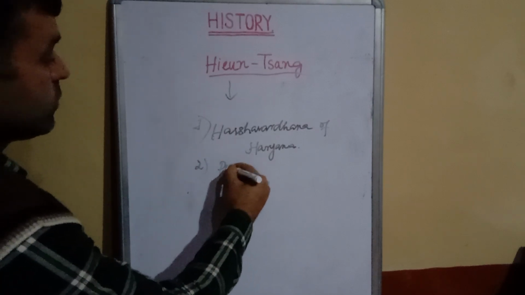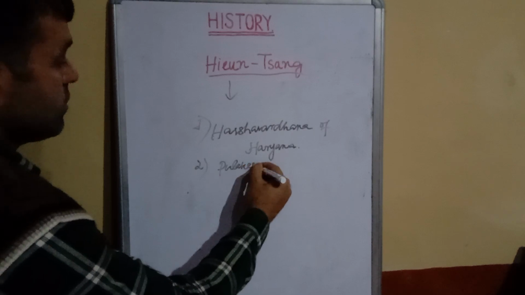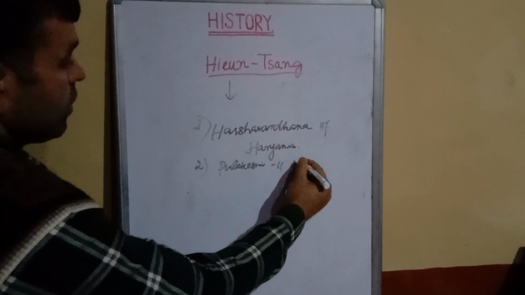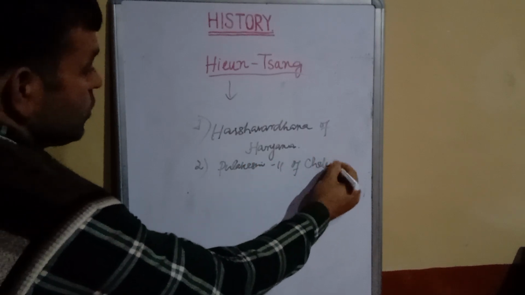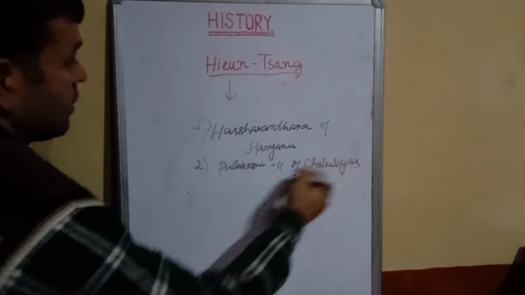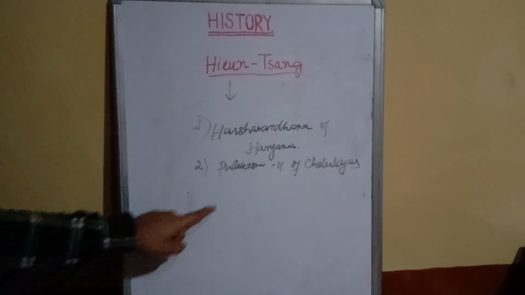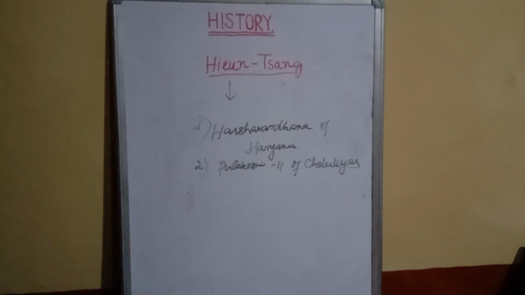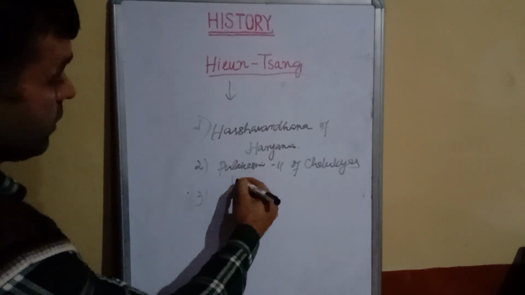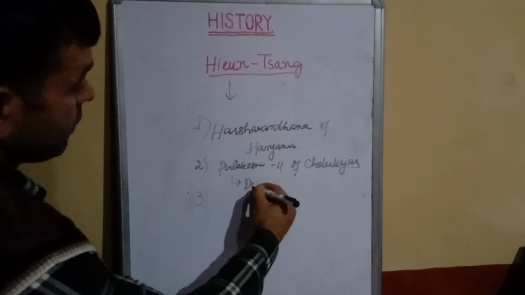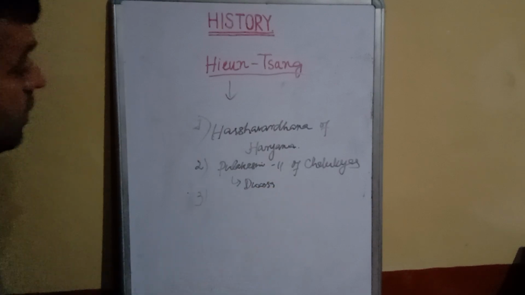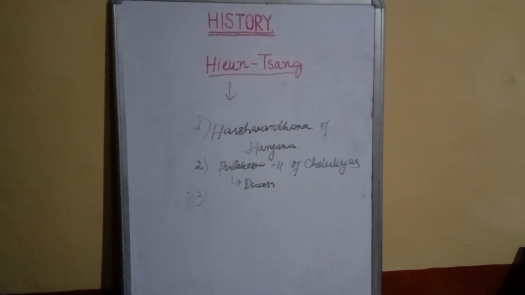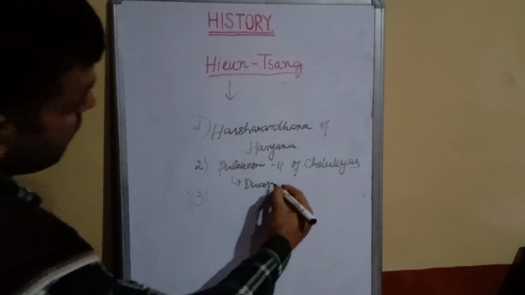Number 2, Pulakeshin the second of Chalukyas. This king defeated Harshvardhana on the banks of river Narmada, and he lived at Badami in Karnataka area.